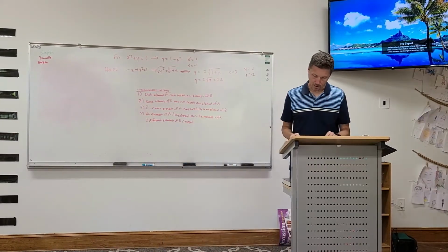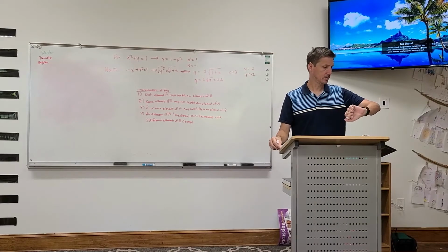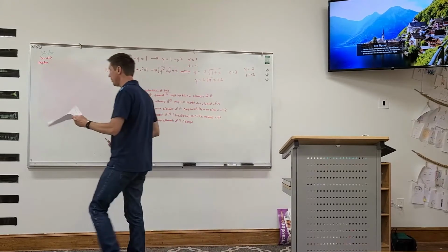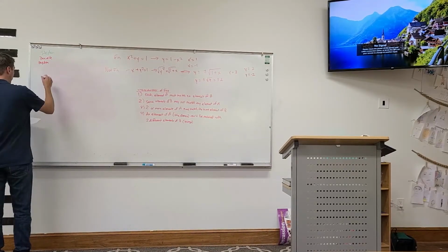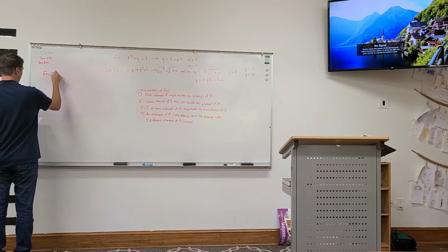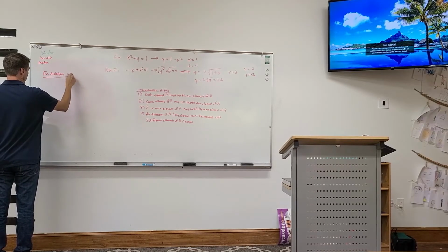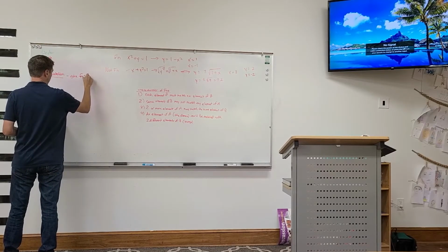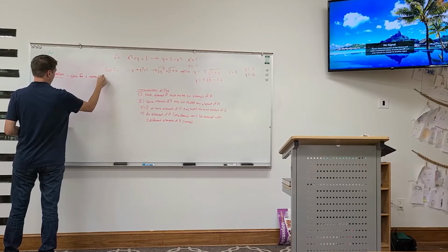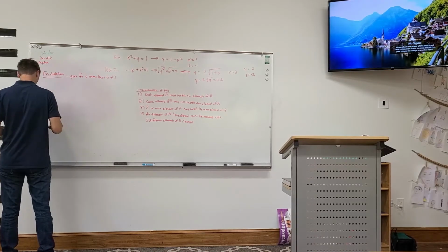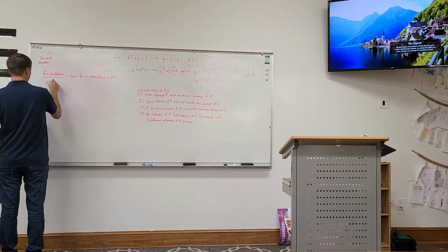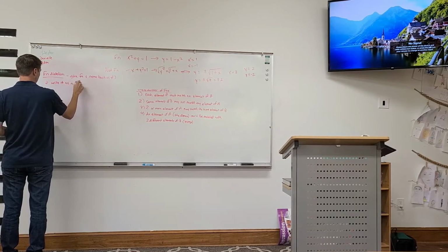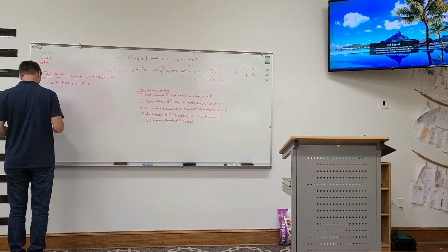All right, so let's talk about function notation. This is where you give the function a name, such as f, and write it as a function of x, or any variable.